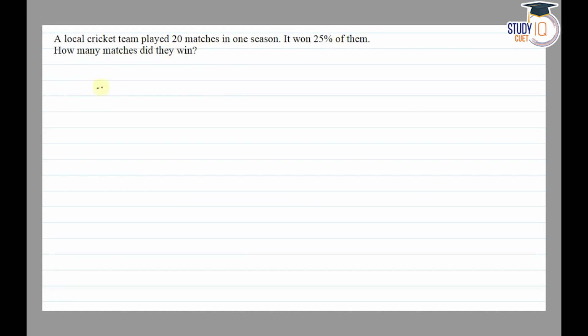So हमें given है total matches played by local team, 20, and it won 25% of them.